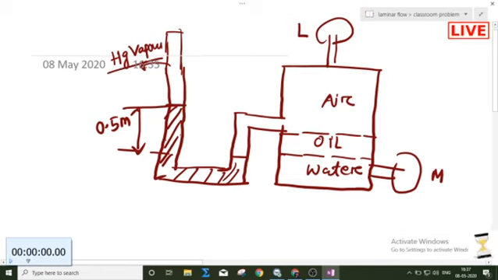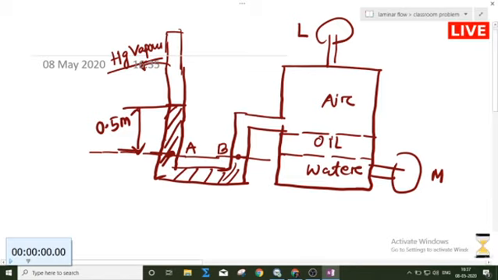So I'm choosing 2 points. Suppose I'm drawing a reference axis, and choosing this point as A and this point as B. As there is air in this chamber, air exerts uniform pressure throughout.